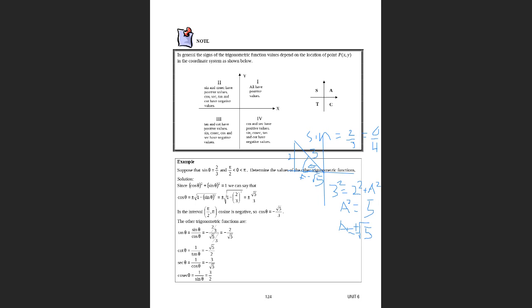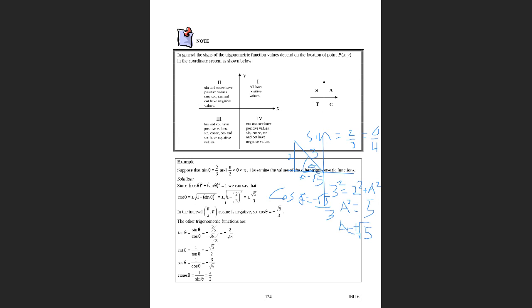Okay, so now, if you are asked to find cos theta, cos theta is adjacent over hypotenuse. Adjacent will be negative square root of 5 over 3.